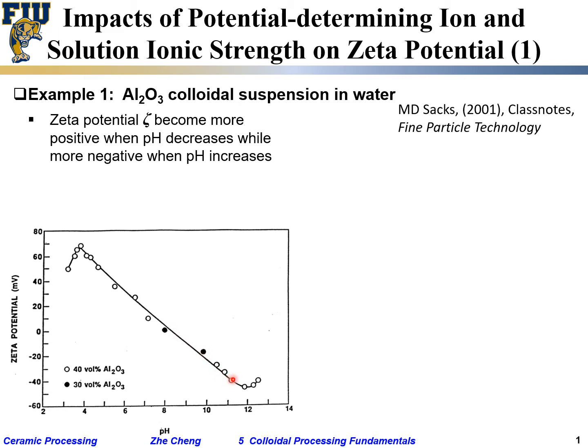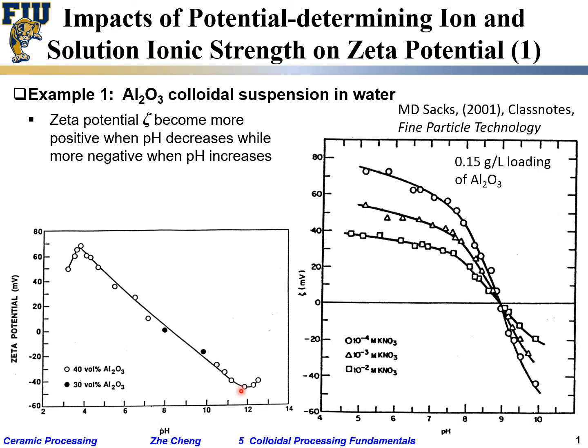Because as you increase from neutral pH 7 to like 10, 12, there's more hydroxy group in the solution, negative ion, and when they are high, they attach to the surface, make the surface potential negative. Make sense? Okay. And then here we are plotting zeta potential still against what? pH.